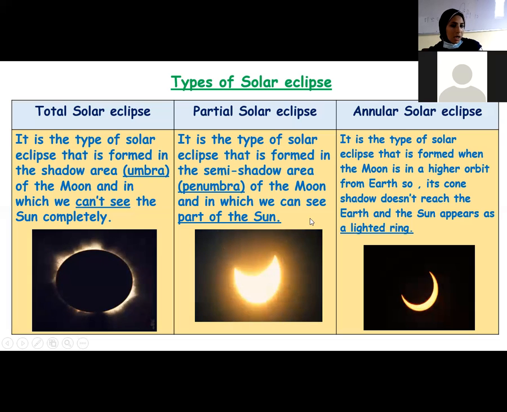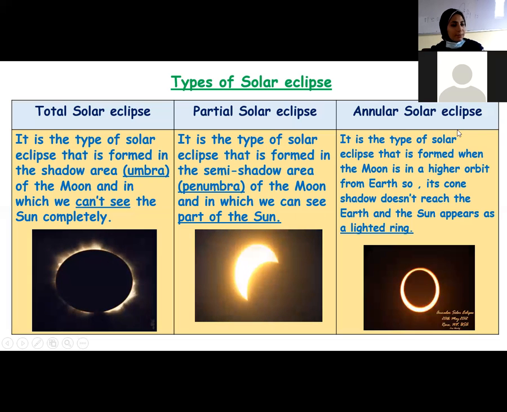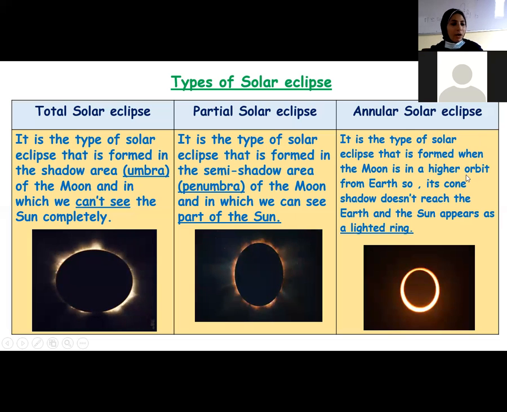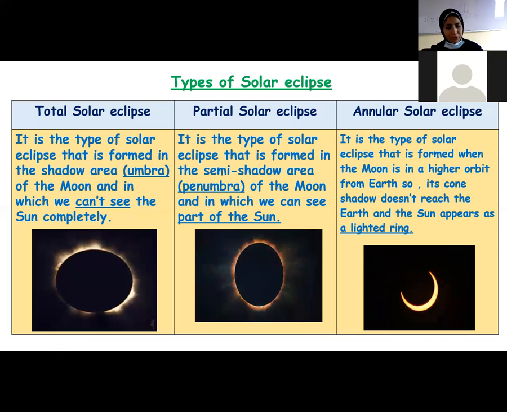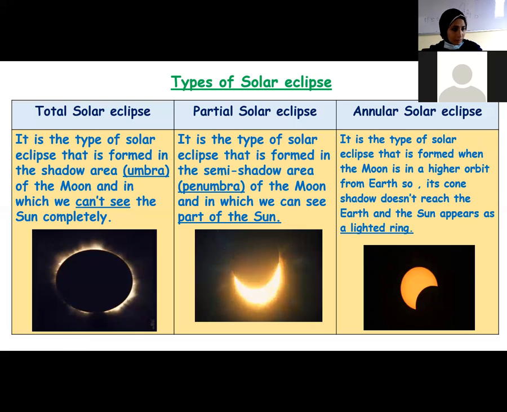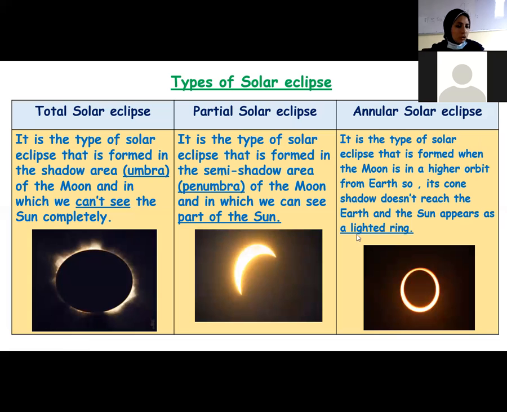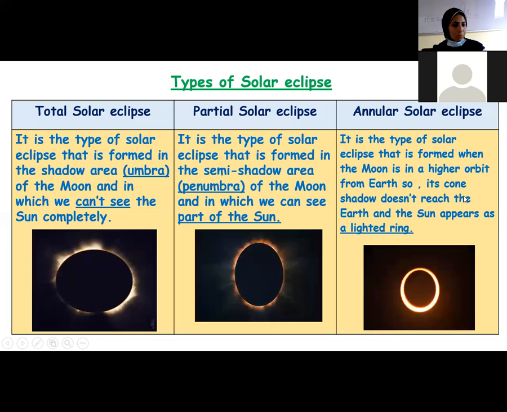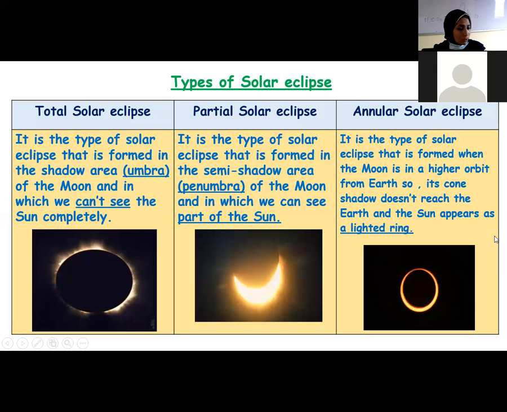But the annular solar eclipse is the type of solar eclipse that forms when the moon revolves around the earth in a higher orbit, farther from the earth, so its cone shadow doesn't reach the earth. So the antumbra shadow forms.